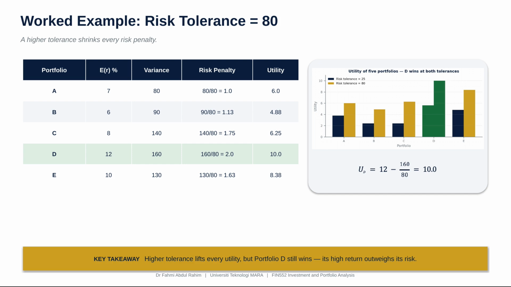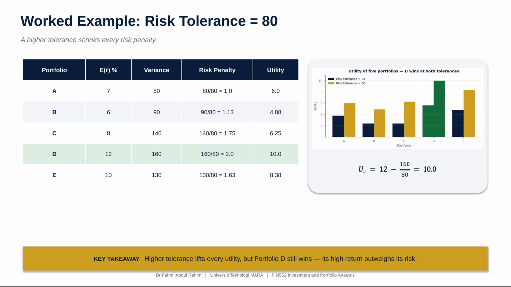For portfolio A, the penalty is now 80 divided by 80, just 1.0, so its utility rises to 6.0. For portfolio D, the penalty is 160 divided by 80, which is only 2.0, far smaller than the 6.4 it suffered before, so D's utility leaps to 10.0.